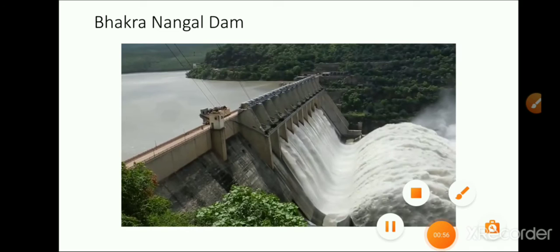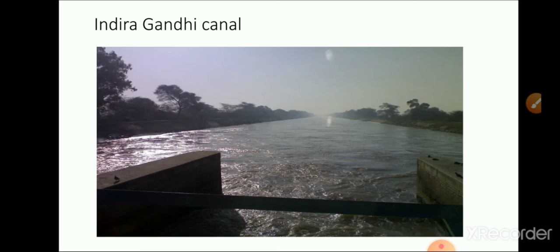It provides electricity and water for irrigation. This is the Indira Gandhi Canal, which starts from the Sutlej. It provides water to many dry areas of Rajasthan.